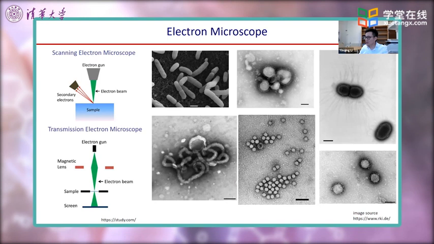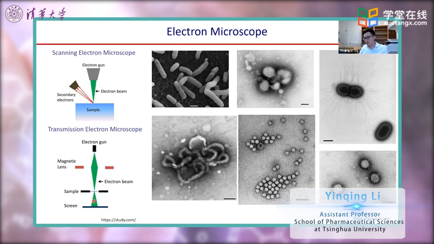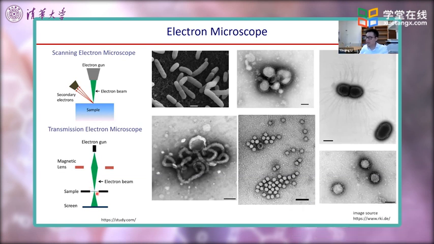Typically, a biological sample neither reflects nor blocks the electrons, so we have to fix the biological sample in a particular way and stain it with heavy metal, which then gives the contrast we need for electron microscope imaging.